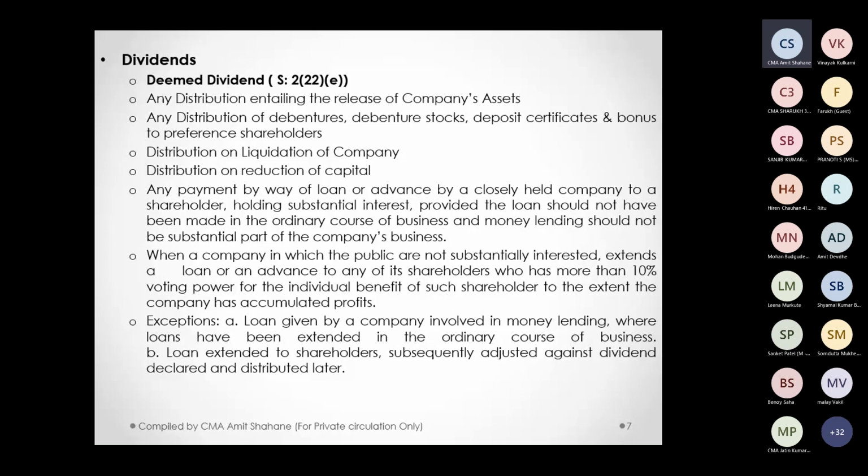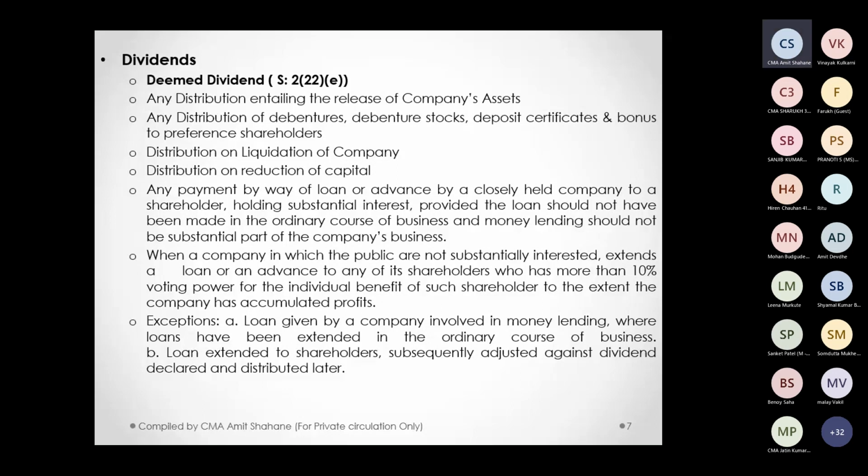Any distribution entailing the release of the company's assets. So let's say instead of giving the dividend, mine is, say, a computer manufacturing company, so I distribute, say, laptops to my shareholders.